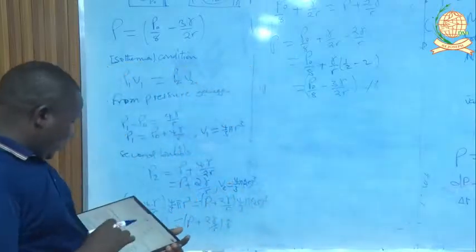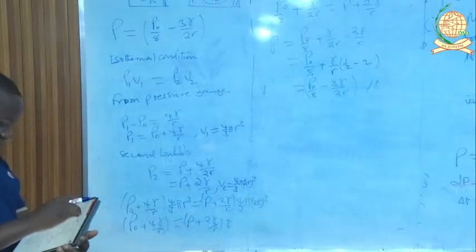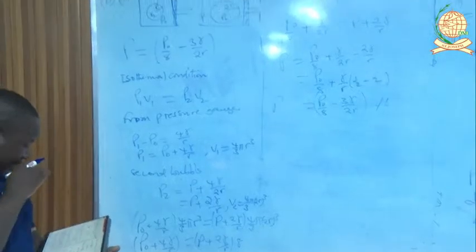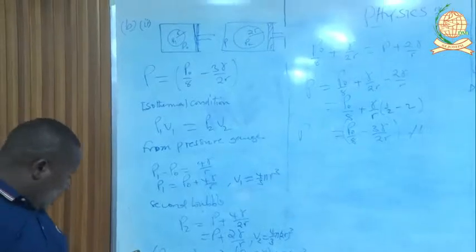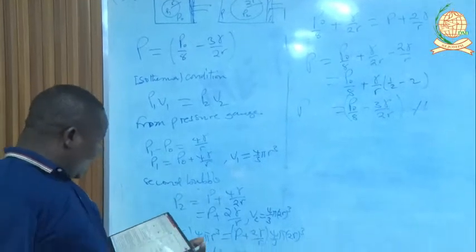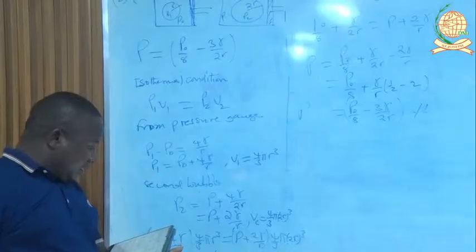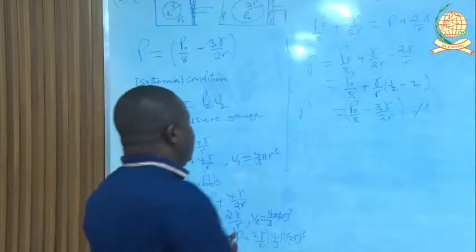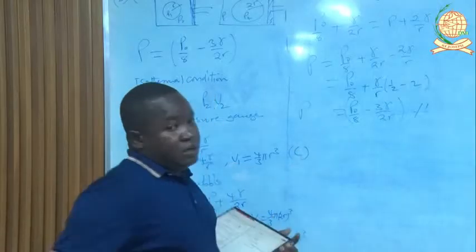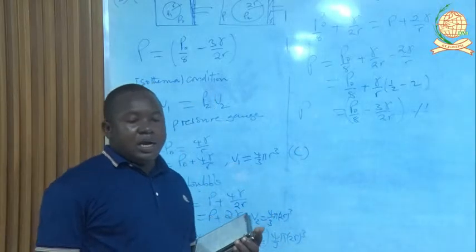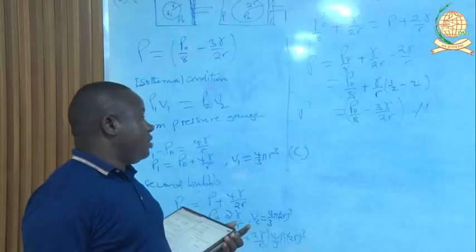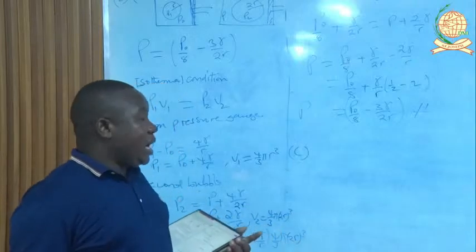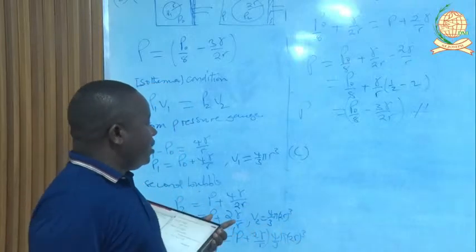Move to C. C Roman 1, briefly explain why water wets the glass and mercury does not. Water wets the glass because the adhesive force between the molecules of water and the glass is larger than the cohesive force of the water molecules.